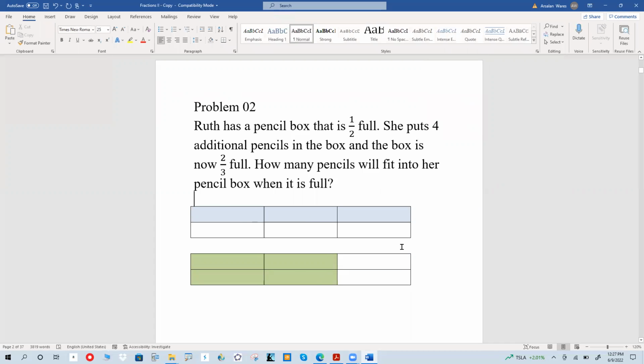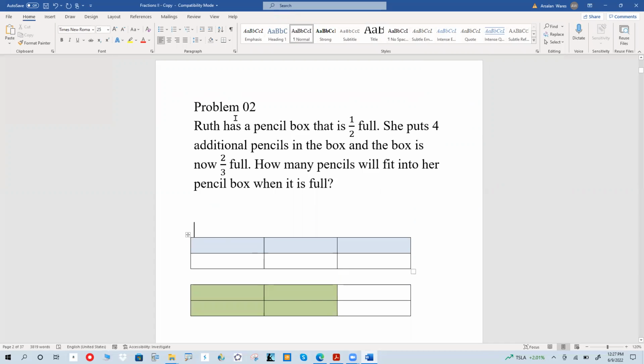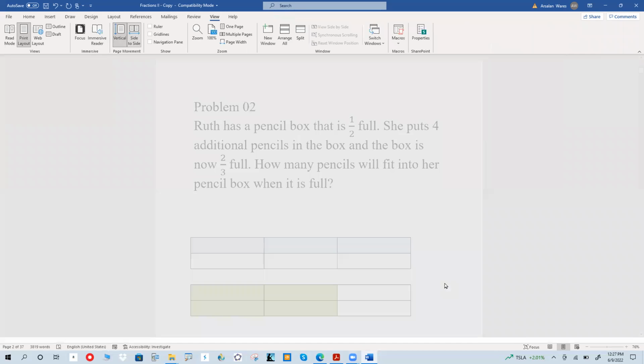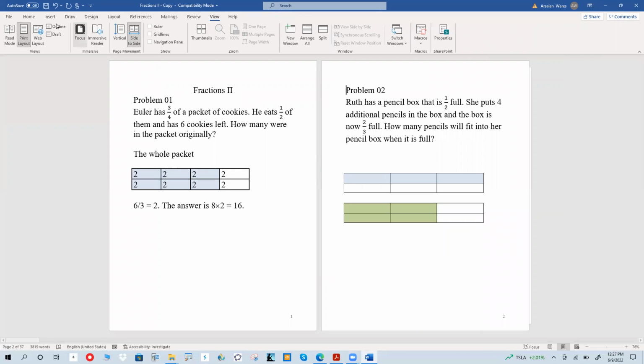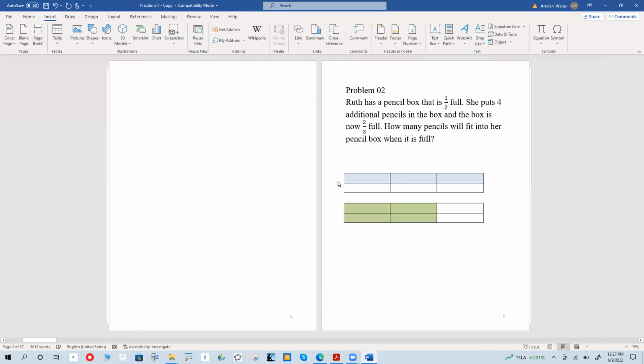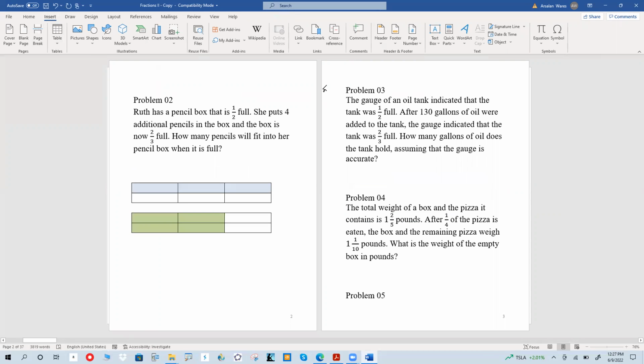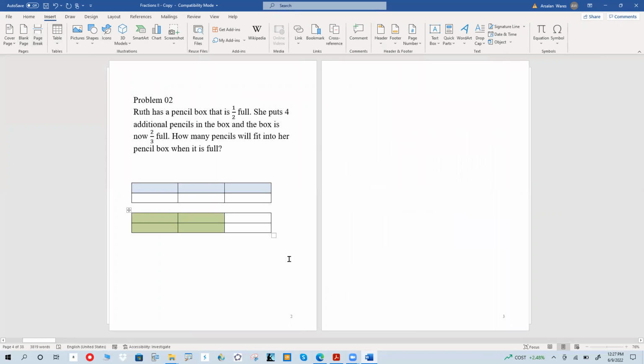So this is my box, containing 6 cells, and this is half. Half of 6 is 3. I shaded 3. It doesn't matter how you shade it, which 3 cells you choose to shade.